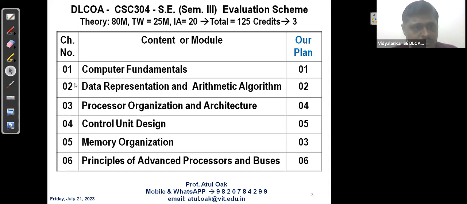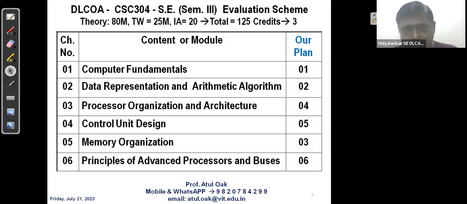And these are the main contents or chapters or modules in DLCOA. Total 6 modules. And on the right hand side, what you will find is our plan, how we are going to complete. If you observe a little carefully, you will find a small change in our plan.